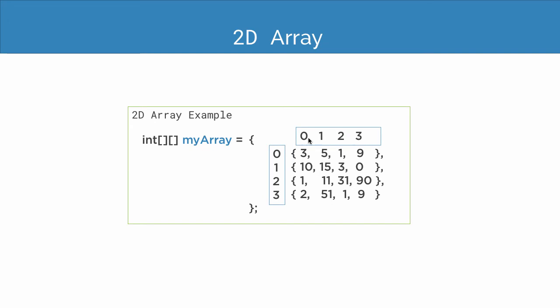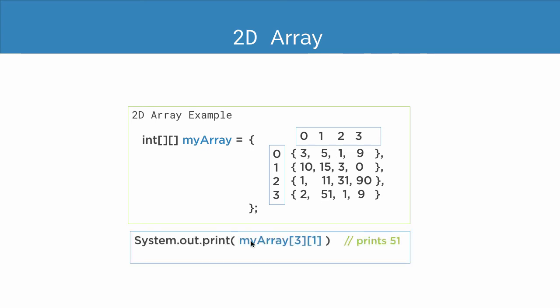It starts from 0 again and here as well. So these are the rows and these are the columns. If I want to access the element 51, I will simply use this statement. My array, the row of 51 is 3, so I will use 3, and the column of 51 is 1, so I will use 1. It will simply print out 51 in the output.